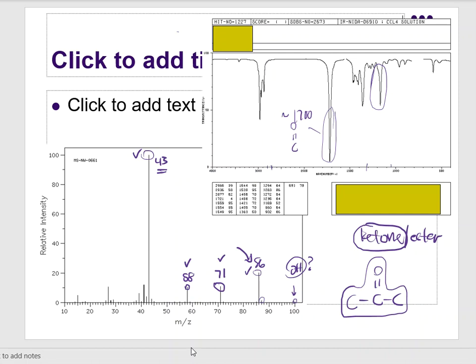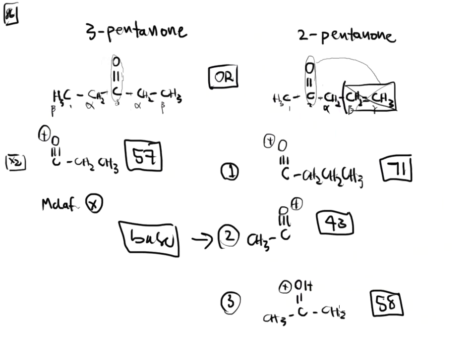A lot of those fragments match the second choice that I've written down on the notepad. So that's going to lead me to believe that out of these two options, I can probably identify pretty comfortably that this molecule is 2-pentanone.